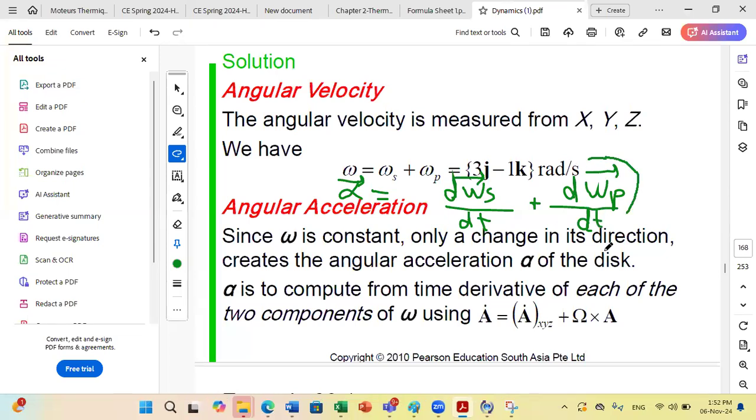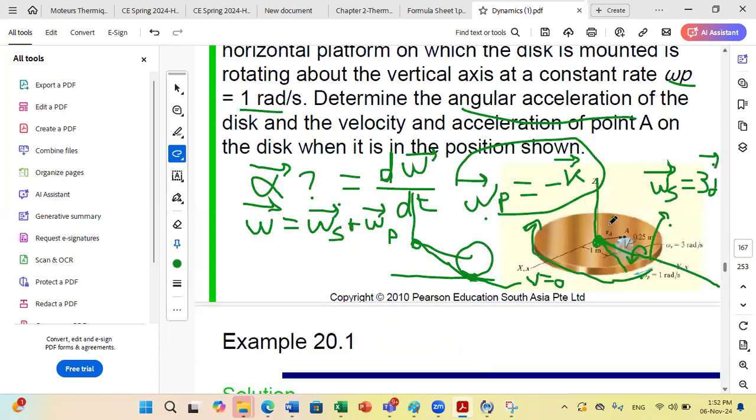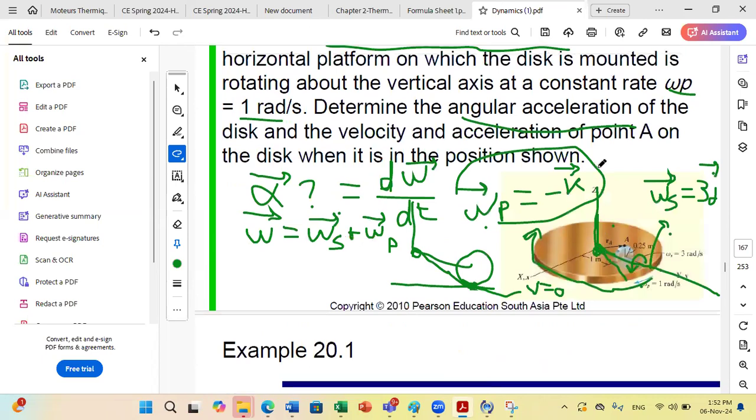Omega p represents what? Omega p represents the rotation of the plate around z. Is omega p changing in direction, or will it always be along big Z? Always along that. It doesn't change. Even if I look in the absolute frame, it will always be along this axis because the plate is doing rotation about a fixed axis.